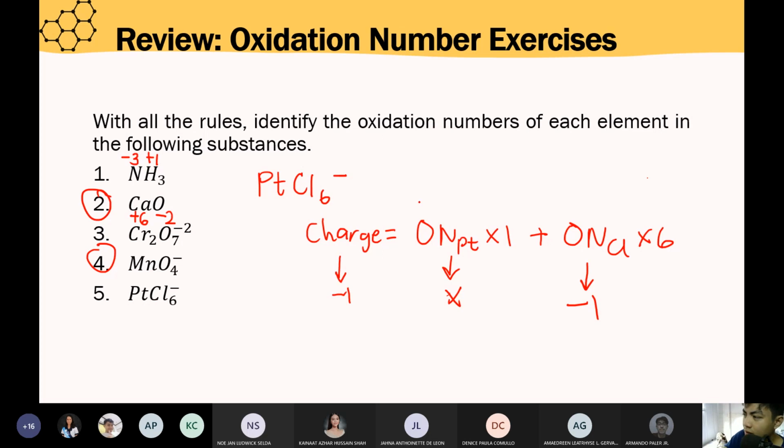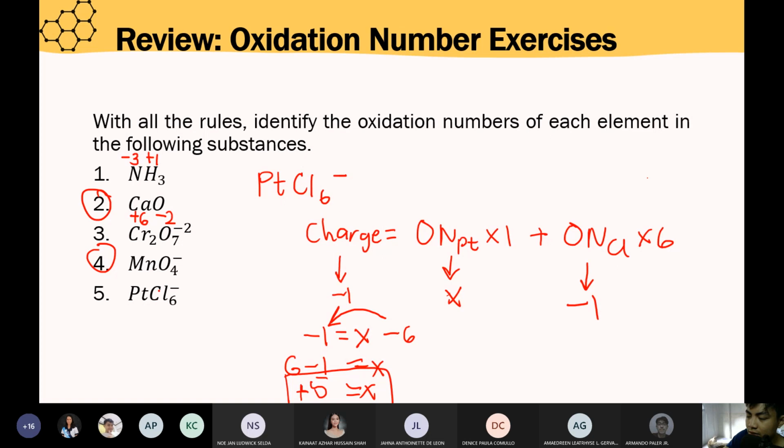Okay? So, with that info, let's write the equation. The charge is -1. This is X times 1, X, plus -1 times 6, minus 6. Transpose to the other side, that becomes positive, and 6 minus 1 is 5. Positive 5.